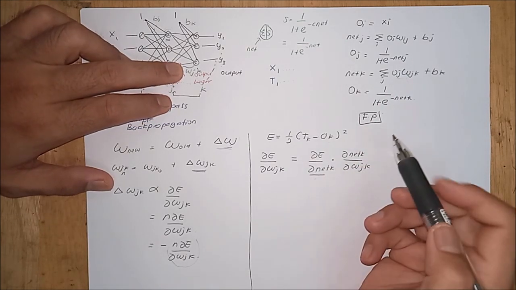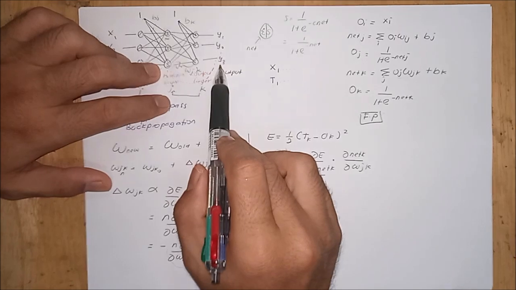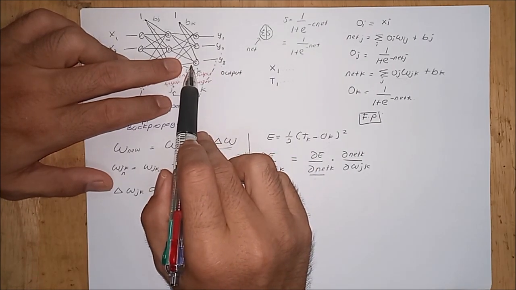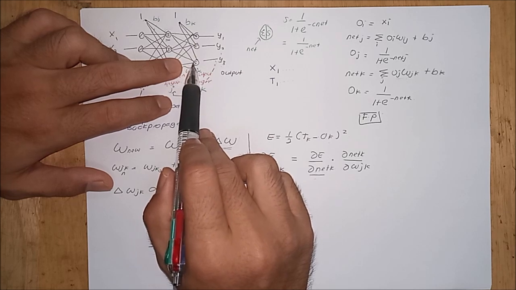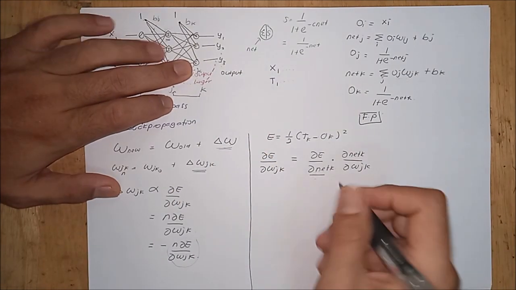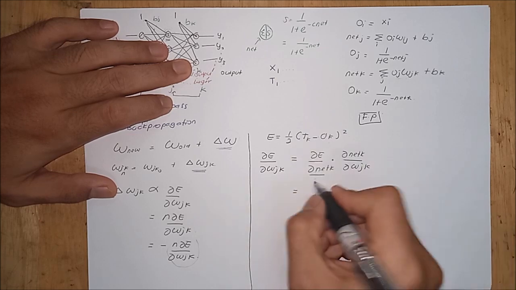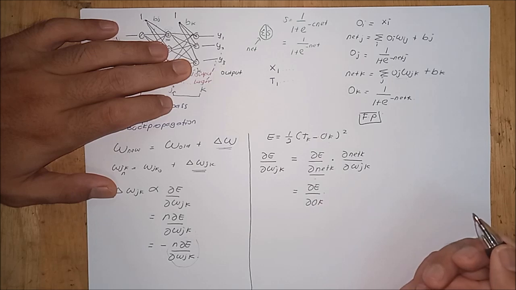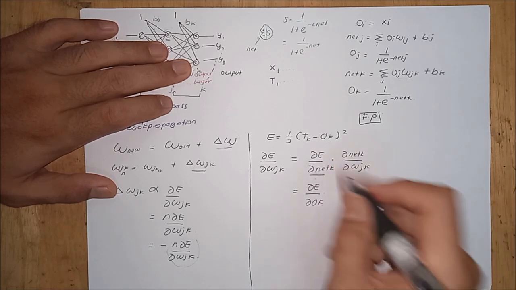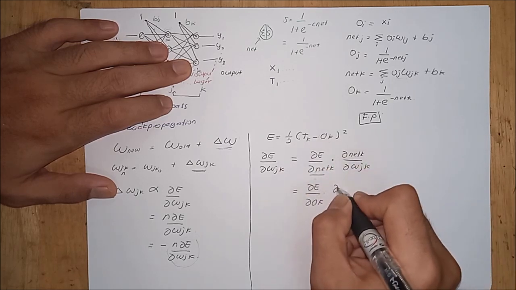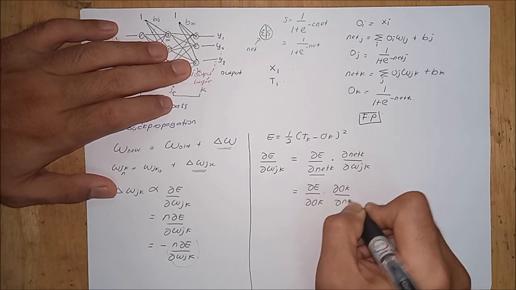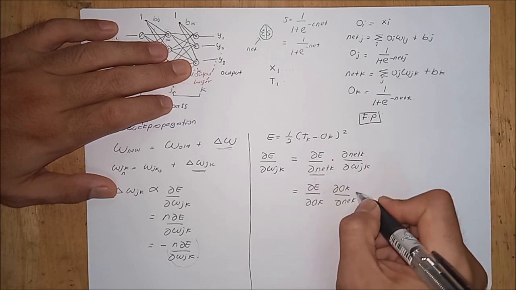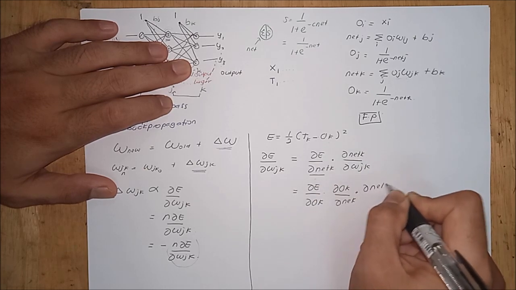As I mentioned previously, if we backpropagate, first we face net k, later on we meet ok. So we can expand this using dE over dok, times dok over d net k, which cancels out, times d net k over dwjk.